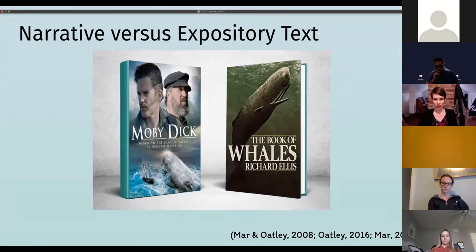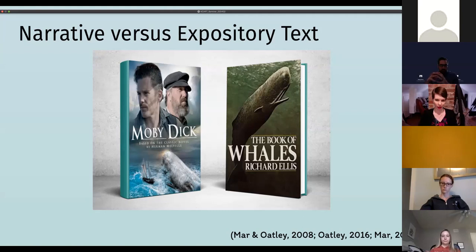So in terms of text type, this is most easily conceptualized if we consider narrative fiction text versus expository text. And I know anecdotally a lot of people, either with autism themselves or who work with an individual with autism, will say, well, you know, they can read the Book of Whales, but not Moby Dick.